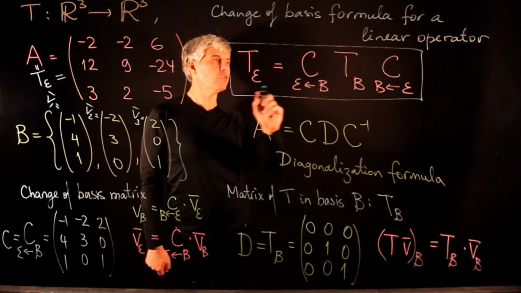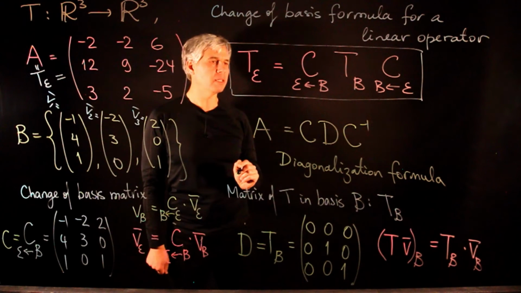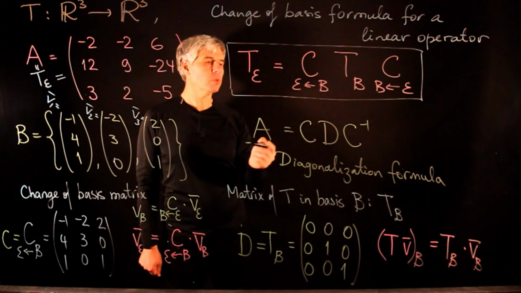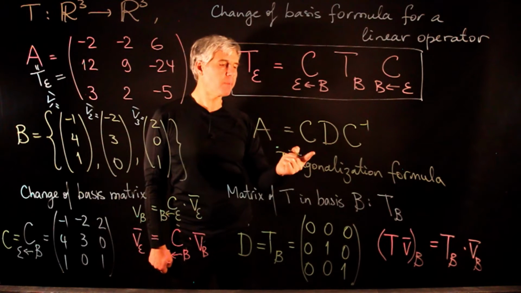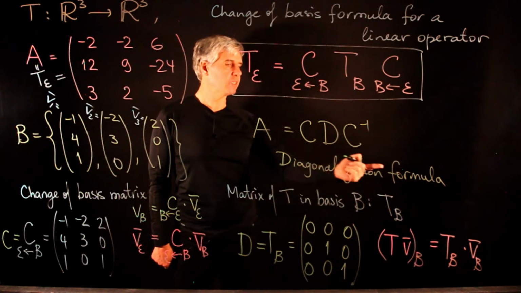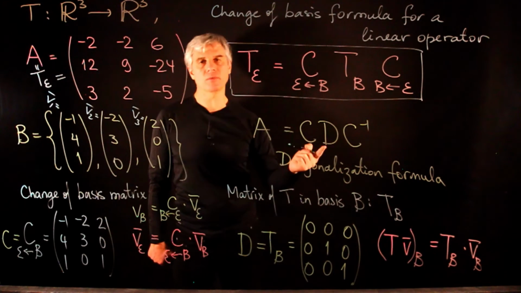Even though this change of basis formula looks more complicated, I prefer it to the diagonalization formula, because personally I can never remember whether we have C or C inverse first in the diagonalization formula.